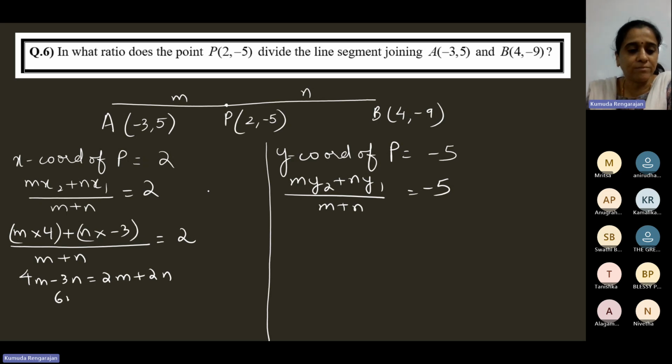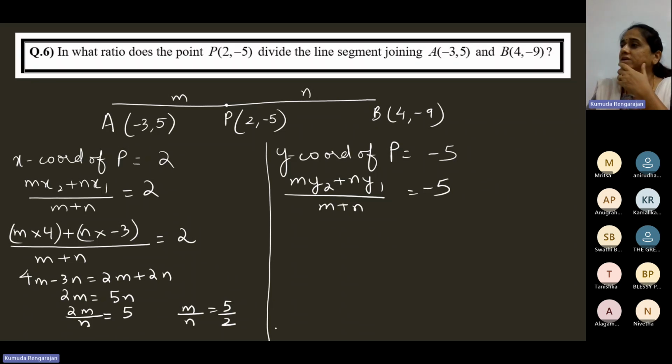So you will get 2m is equal to 5n. Correct? Now see here, 2m by n is equal to 5. So then what is m by n? m by n is equal to 5 by 2. So the required ratio is 5:2.